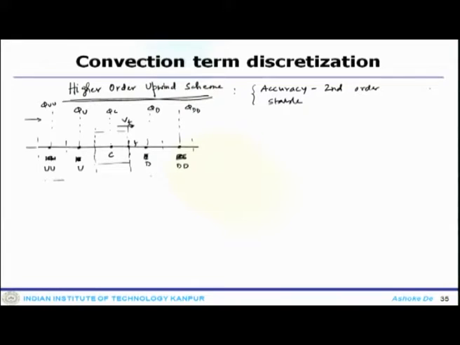Similarly, one can see if the velocity is in the other direction.